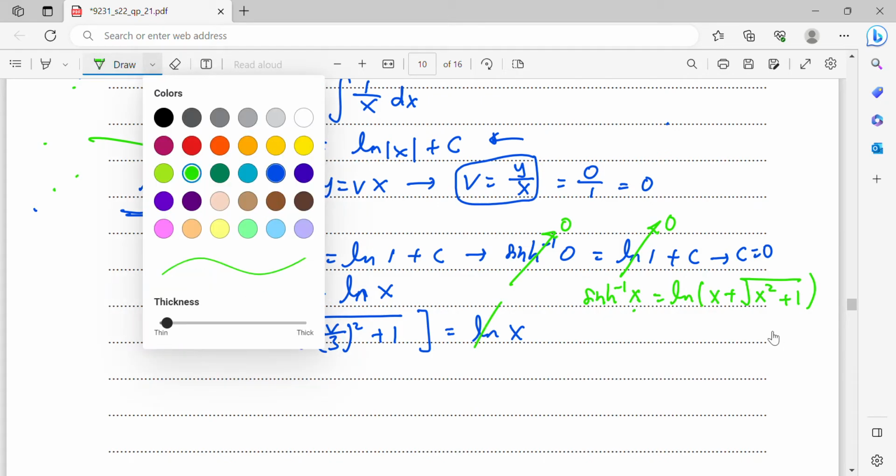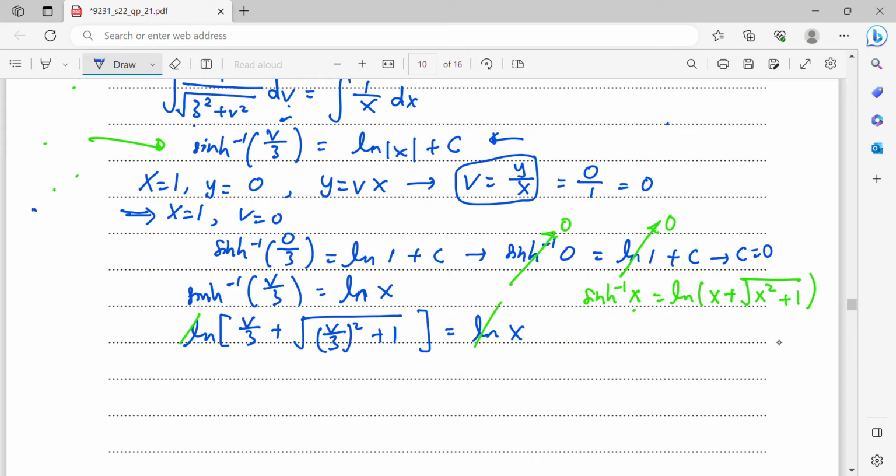And then now I will change my v to y and x. So v is y over x. So this is y over x, then multiplied by 3, so it becomes 3x, plus square root of (y over 3x) squared plus 1 equals x.